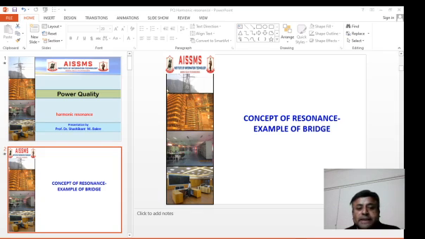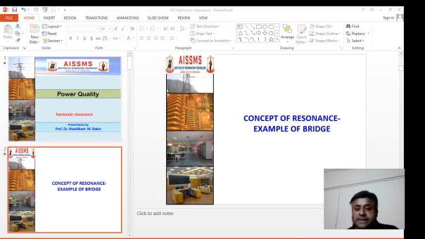In order to explain resonance, I would like to take the example of soldiers who are performing a parade near a bridge. When they want to cross the bridge, they will not perform the parade under this situation.